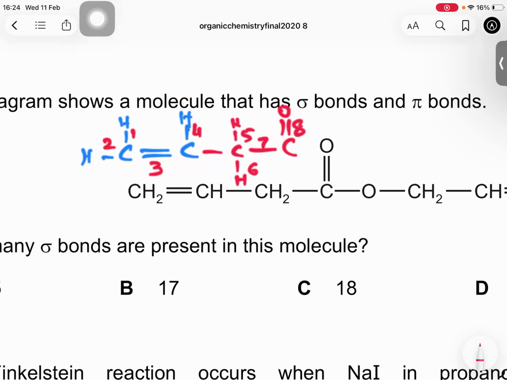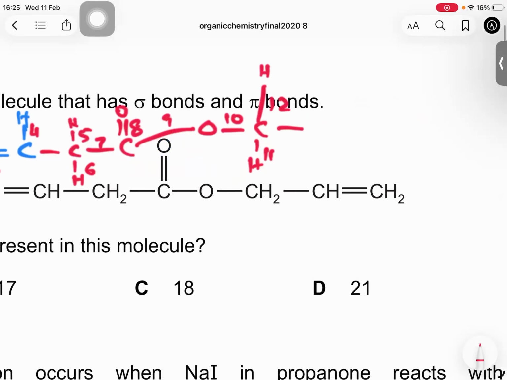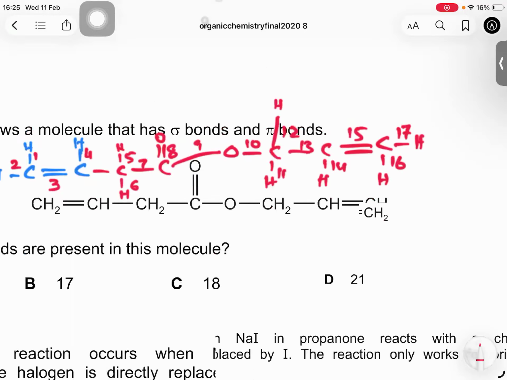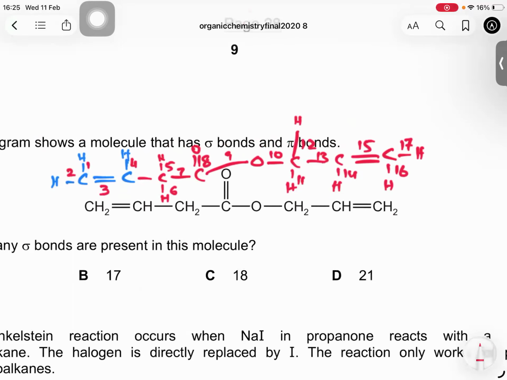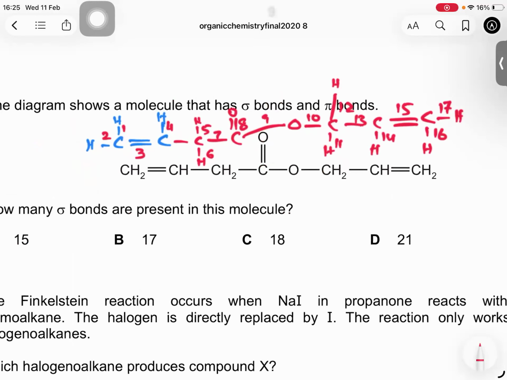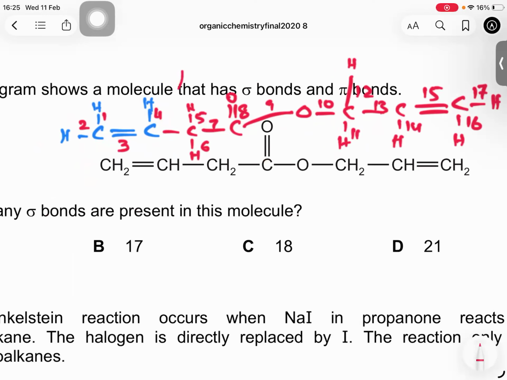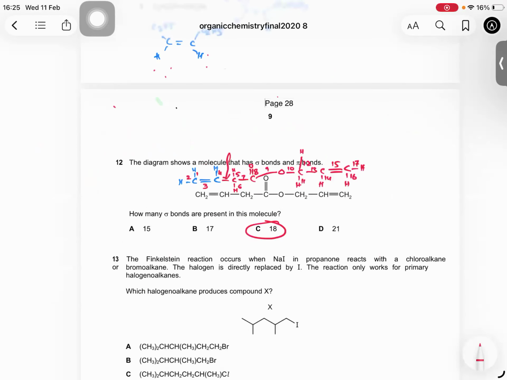There are two, of which the first counts as sigma, the second does not. Then this sigma becomes 9, then O, then this sigma becomes 10, then these two sigmas become 11, 12, then this further one becomes 13, 14, then further there are two, so there is one sigma, 15, then further 16. No, I think someone missed one. This left side is the fourth one, yes, this is the one which is missing. So 18 is the number.